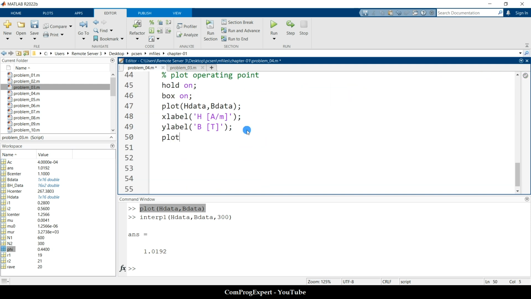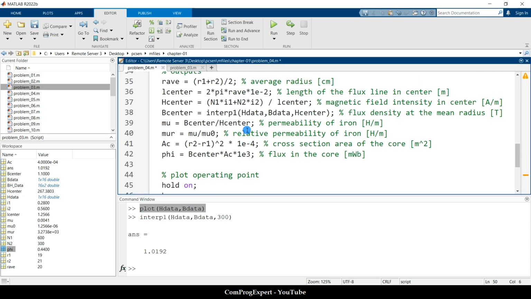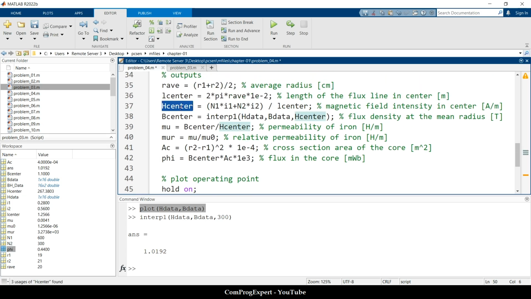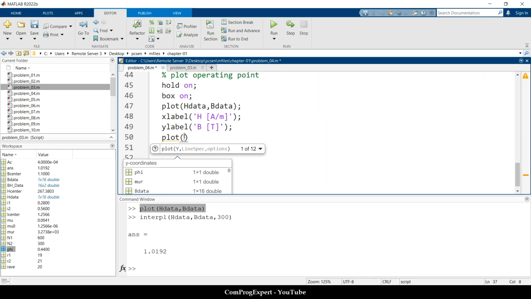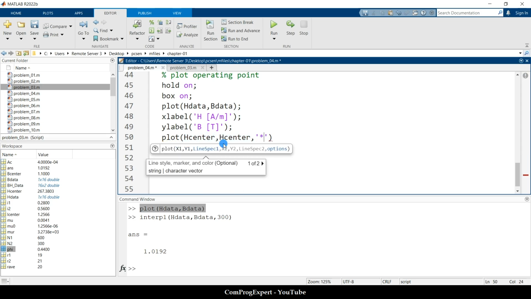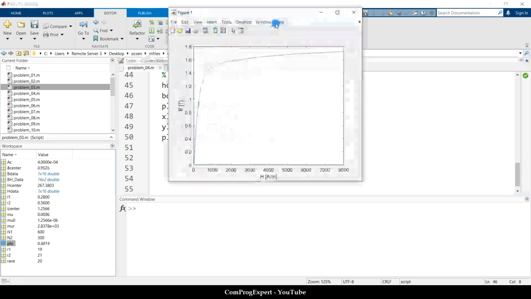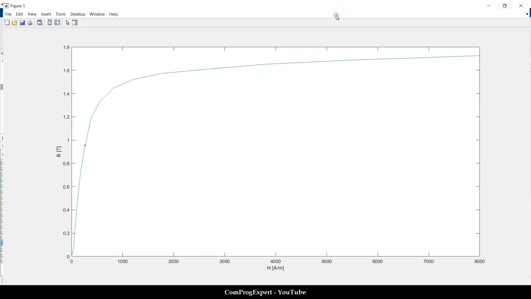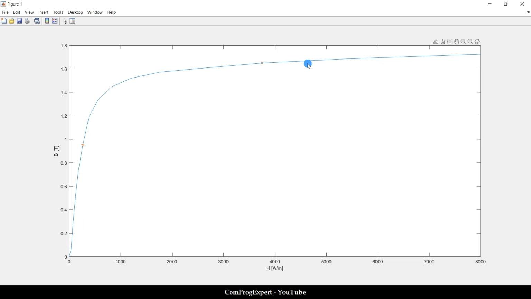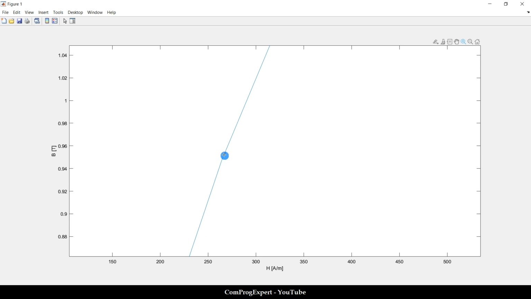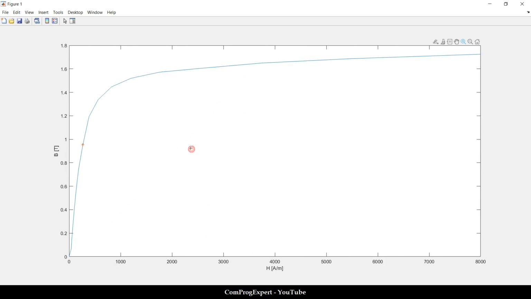And then I want to plot this operating point, H center, B center, show it with this marker. So if I run the code, as you can see, this is the HP curve and this is our operating point.